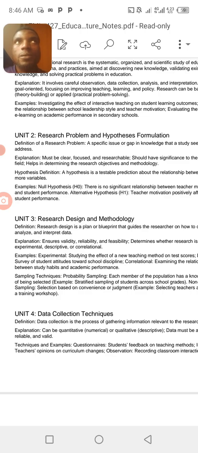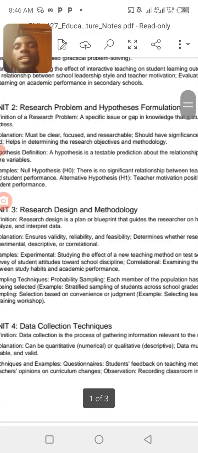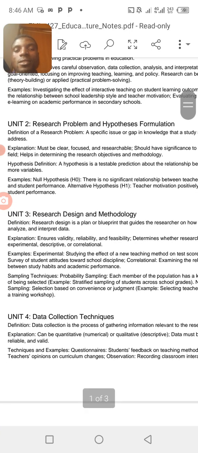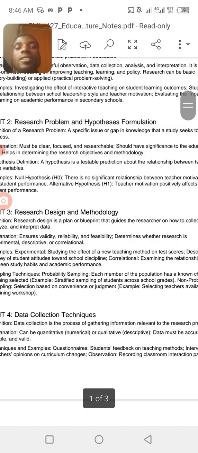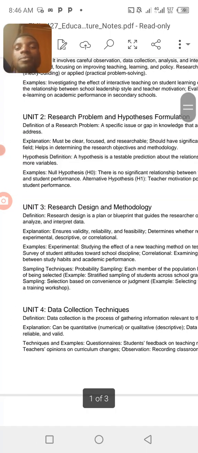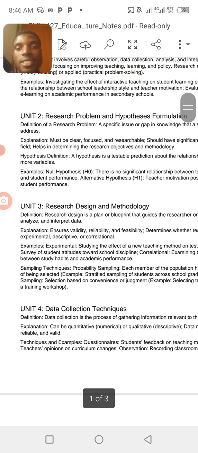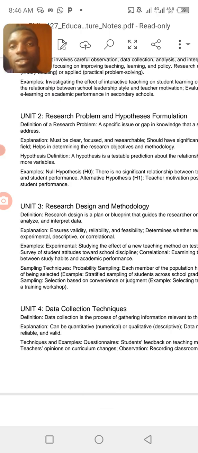First and foremost, you need a research problem, because when you have the research problem, you formulate your hypothesis. Then Unit 3, we're going to talk about research design and methodology. Now we're going to talk about the blueprint that guides researchers on how to collect, analyze, and interpret data.